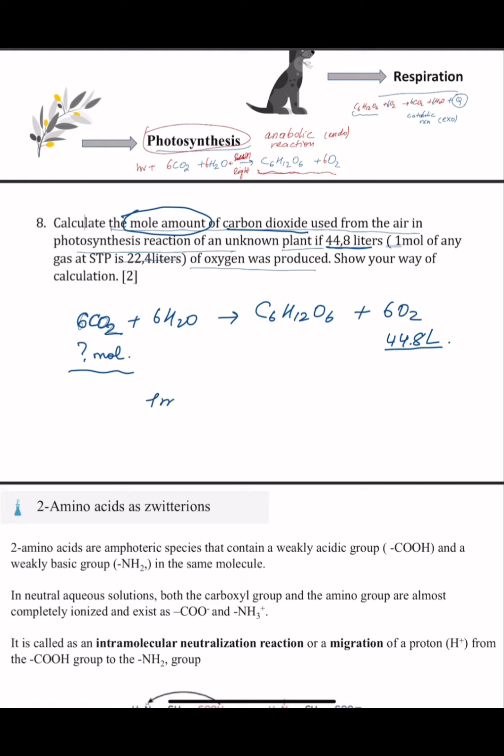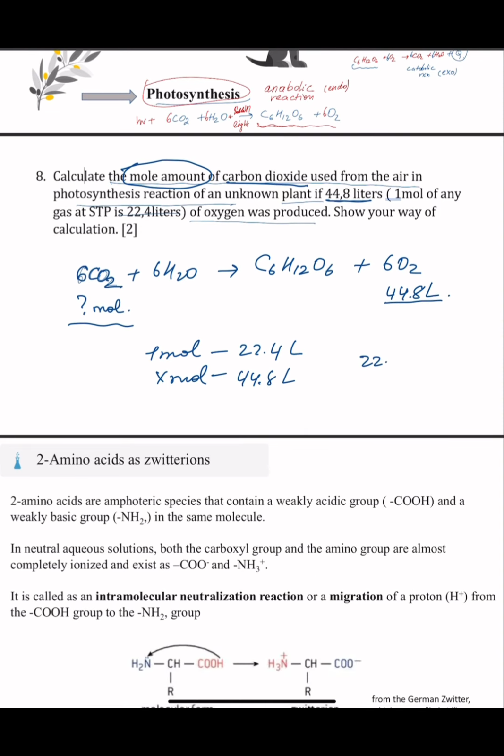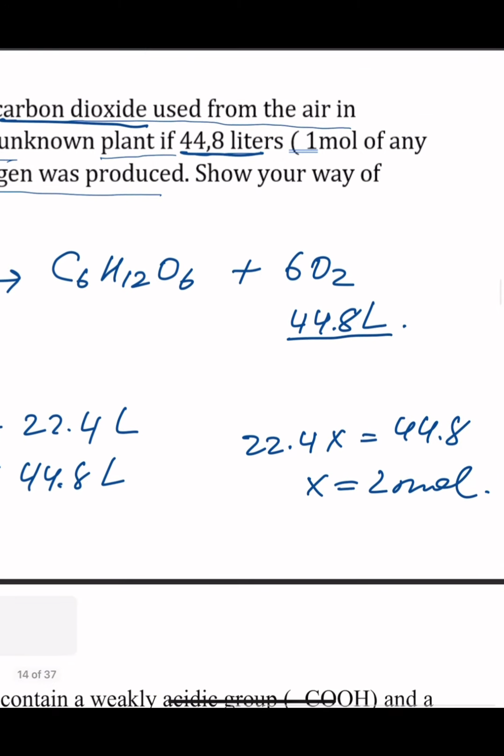We know that 1 mole is 22.4 liters, and 44.8 liters is going to be x mole. You can just do proportion: 22.4x equals 44.8, x equals 2 moles. So now we figured out that this is actually 2 moles. So 2 moles of oxygen is produced.